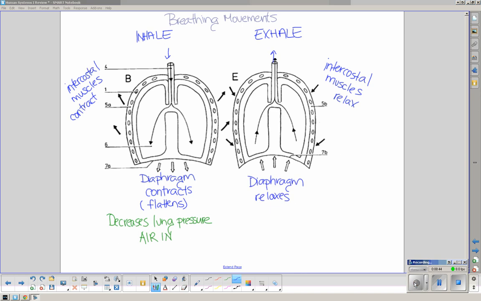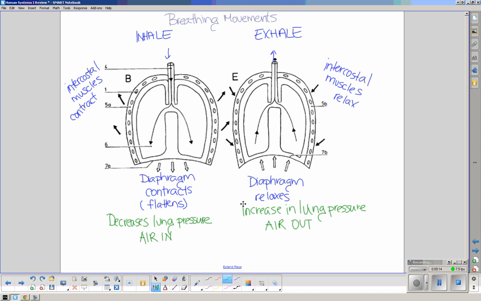Because the diaphragm is relaxed and the intercostal muscles are relaxed, that means that the air pressure in the lungs increases from where it was before. Because the pressure is higher inside the lungs than outside in the environment, then air rushes out because of a pressure gradient. So when we inhale, muscles contract. When we exhale, muscles relax.